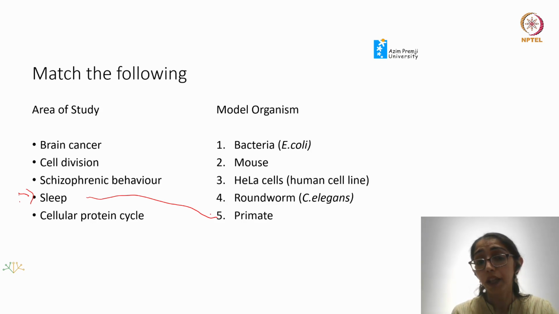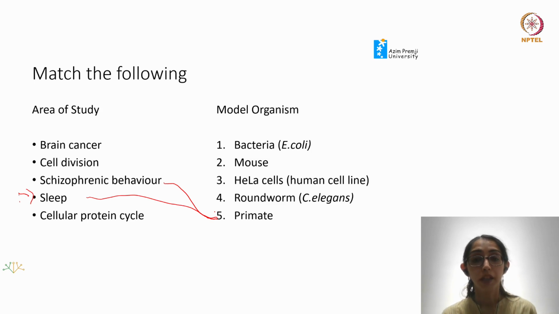Likewise, for schizophrenic behavior, if you wanted to study behavior, you might study a primate. On the other hand, if you wanted to understand a specific gene that you know has been associated with schizophrenic behavior, you might look for that same gene or a homologous gene in another organism. So you might see that even mice have the same mutation that humans have that is correlated to schizophrenia.